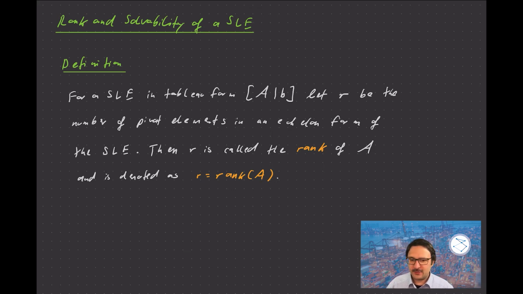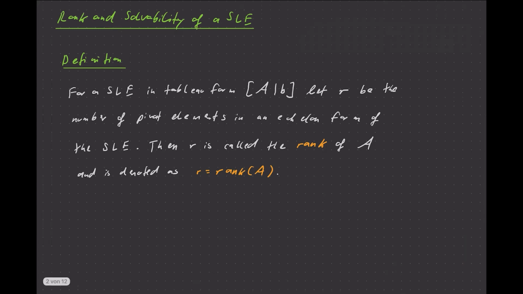In that case, we don't have a solution. If the rank, on the other hand, does not increase if we add that one column, then we do have at least one solution, and we can even characterize the cases where we have a unique solution or more than one solution.